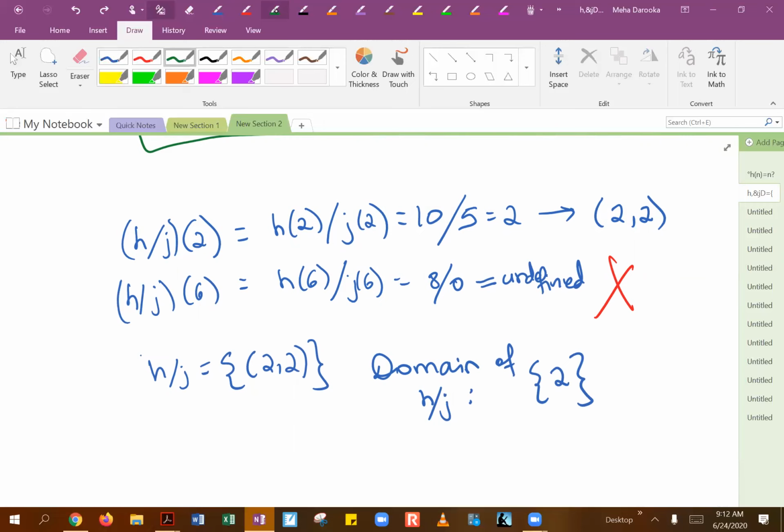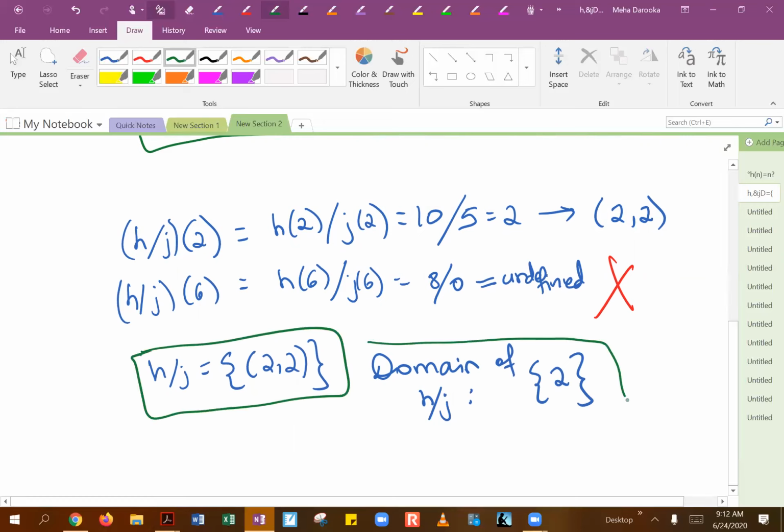So in this case, like I said, with the ordered pairs, it makes it a little bit more straightforward to see what numbers we can use and what we cannot use. And as you can see, because we are dividing by 0 over here, we cannot use 6 as part of our domain.